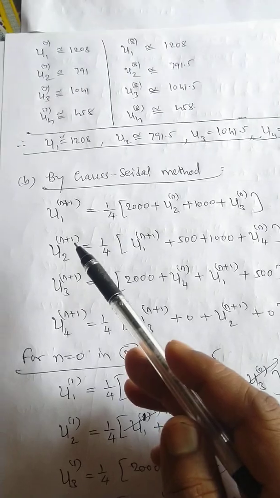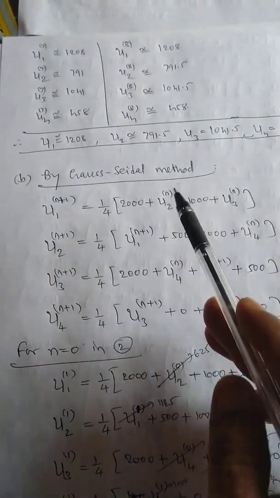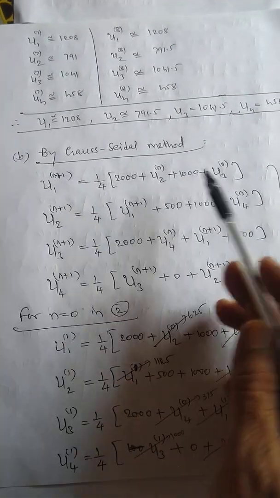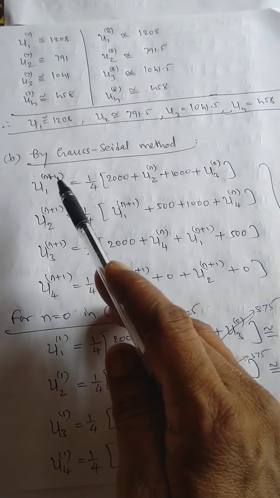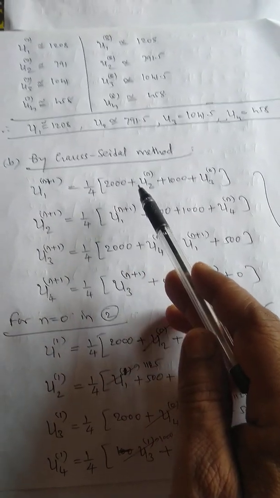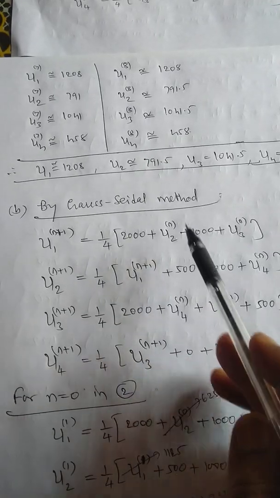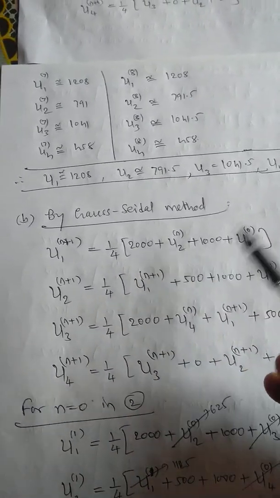And next, by Gauss-Seidel method. Same problem by Gauss-Seidel method. In the Gauss-Seidel method, the n plus 1th iterative of U1 is equal to 1 by 4 of 2000 plus U2n plus 1000 plus U3n.